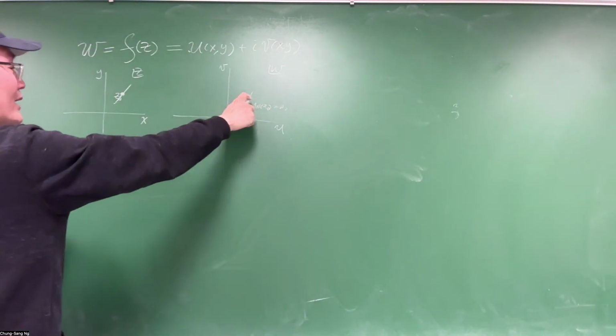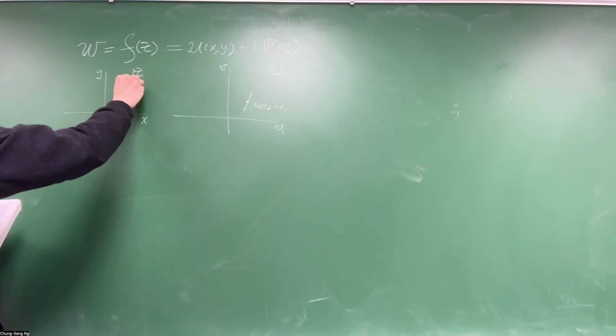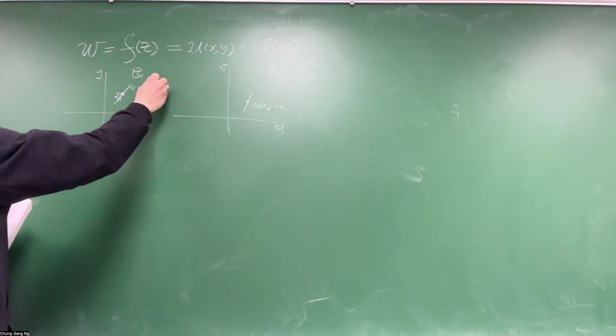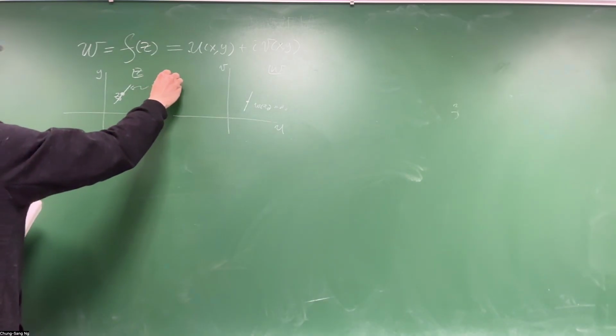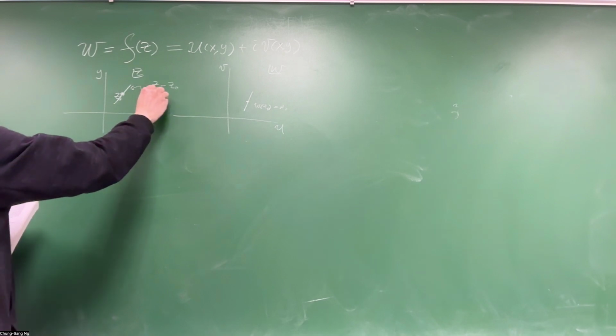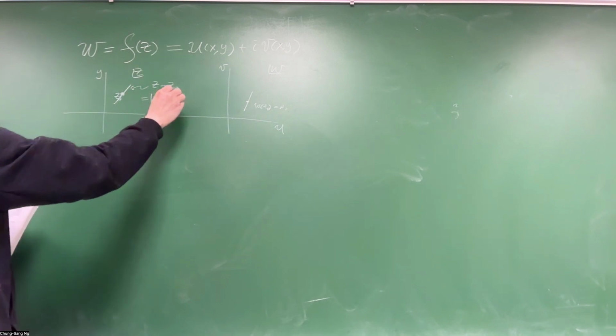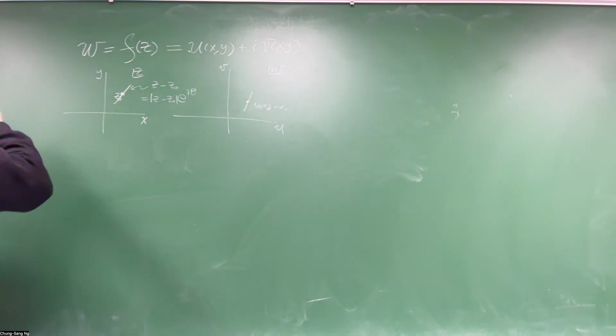z sub 0 maps to W sub 0. And for this line, you can give an equation of it. Close to z sub 0, this is a line z minus z sub 0, which has a magnitude and then a phase, right?